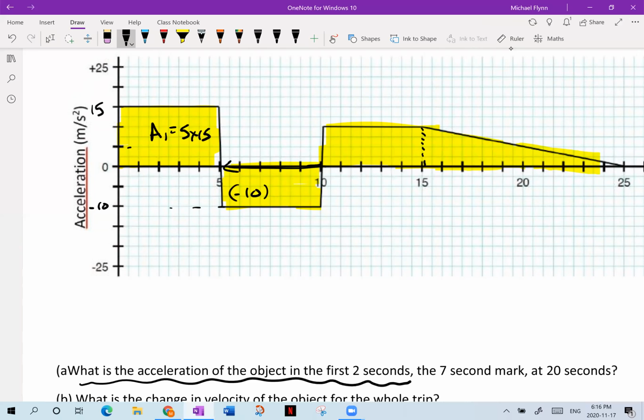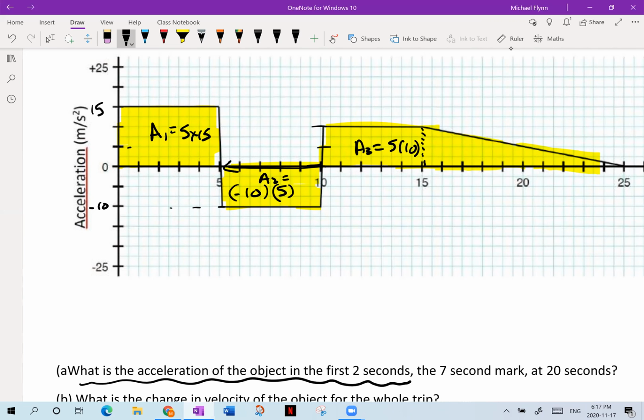So area 2 is equal to negative 10 times 5. Area 3 here would equal, again, 5 seconds, and the height is 10 actually. So it would be 5 times 10 again, except this time a positive 5 times positive 10.